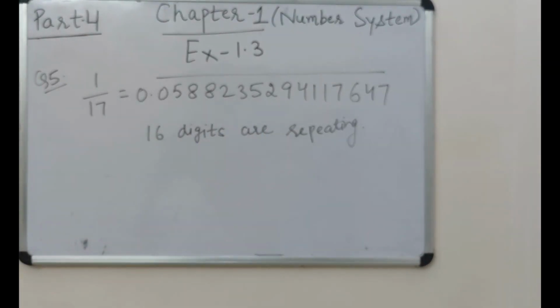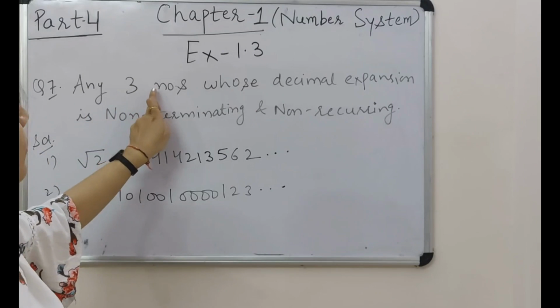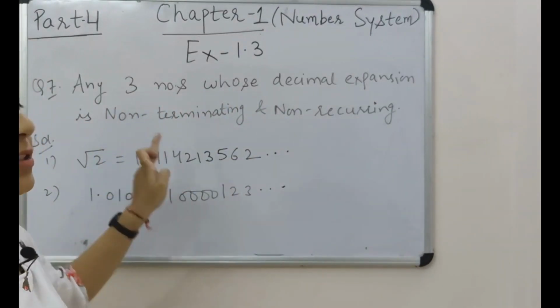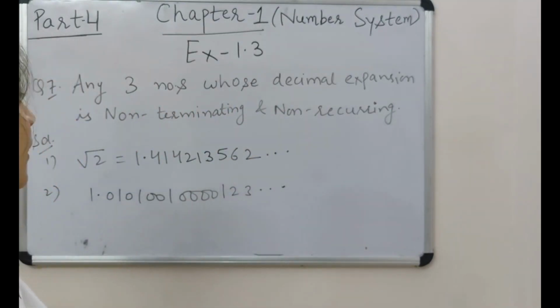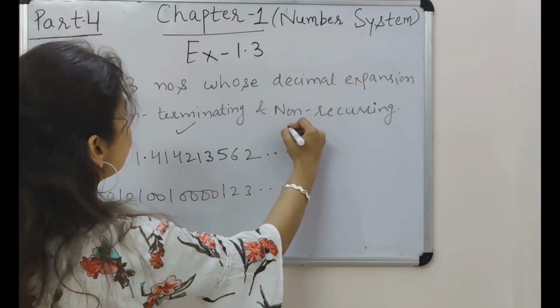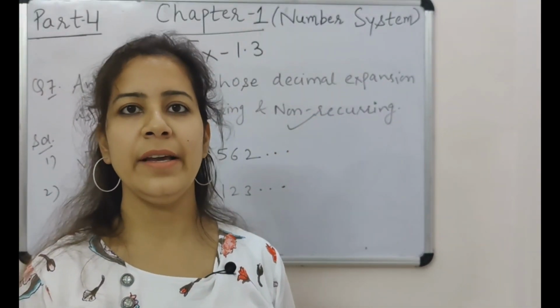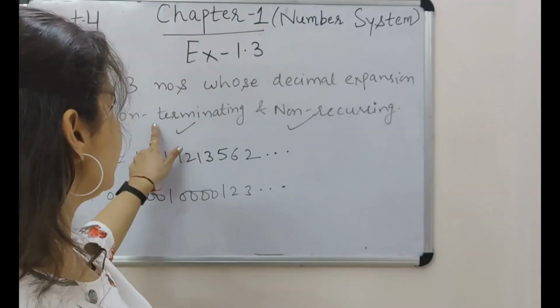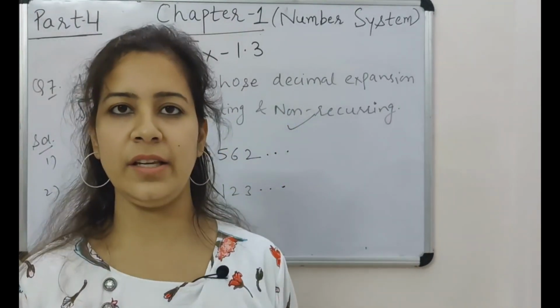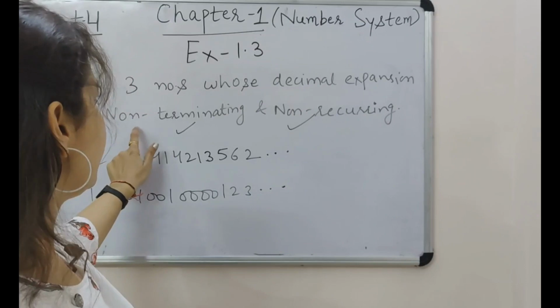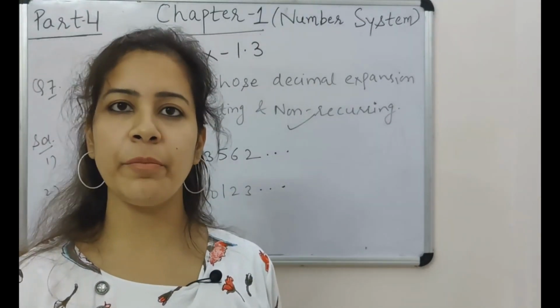All right. You have to write any three numbers whose decimal expansion is non-terminating and non-recurring. Clearly, I told you yesterday, these two are the conditions for a number to be an irrational number. Irrational numbers neither terminate nor repeat. Means their decimal expansion is never ending and non-repeating, right?